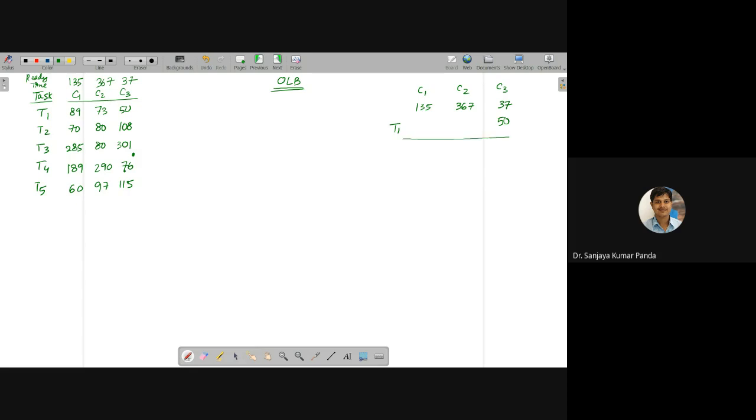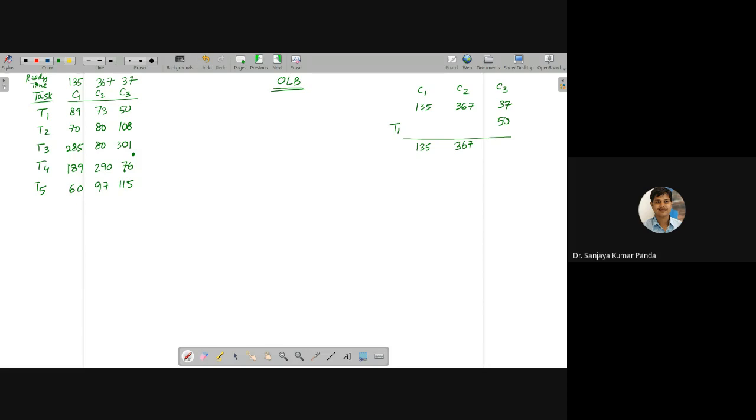If you give this, the ready time of C1 is not going to change. It is as it is, and C2 is also as it is. But the ready time of C3 is increased because it has to execute task T1. So whatever its ready time was, now the ready time is updated.